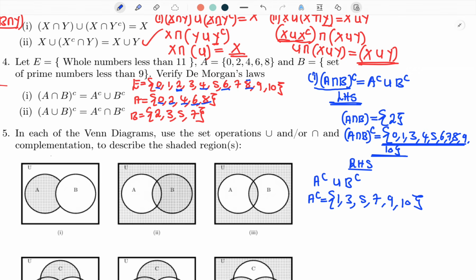I'm also going to do the same for B complement. B complement is me removing all the B members. Then whatever remains in the universal becomes my B complement. So I'm going to line them like this. This and this out, this and this out, 7 and this 7 is out.